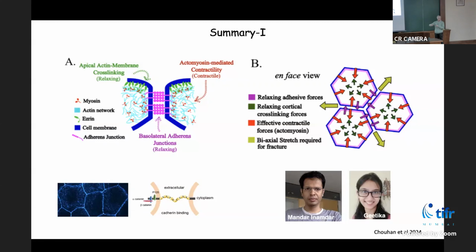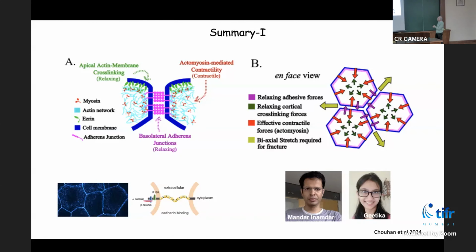So the adhesive forces are in the opposite direction to the contractile forces, which are the red arrows here, and these magenta arrows are the adhesive forces. Now, what we think is that these green arrows, which come from the ezrin present on the apical side, will also antagonize these contractile forces.